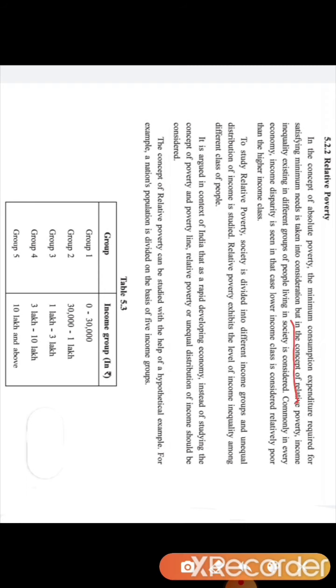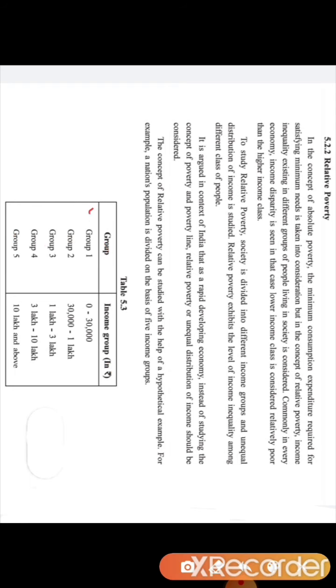But in the concept of relative poverty, the income inequality existing between different groups of people living in society is considered. Look, I will explain it here in the table. See, here income group 1, group 2, group 3, group 4, group 5 is given. Here it shows that group 1 is poorer compared to group 2.